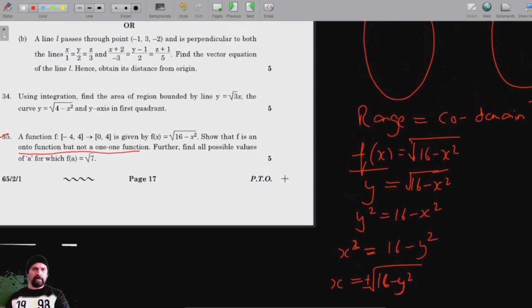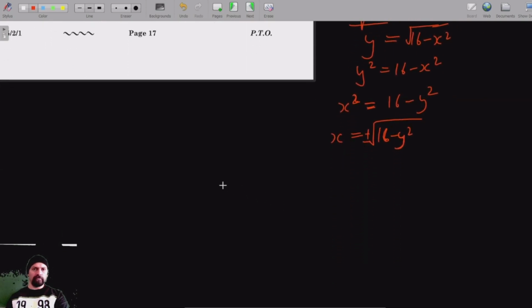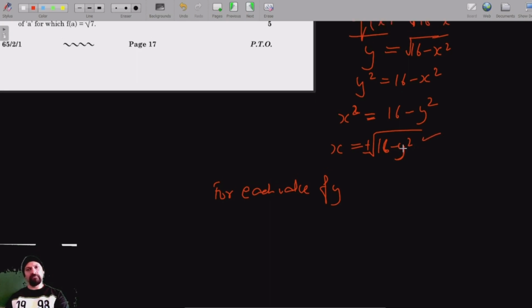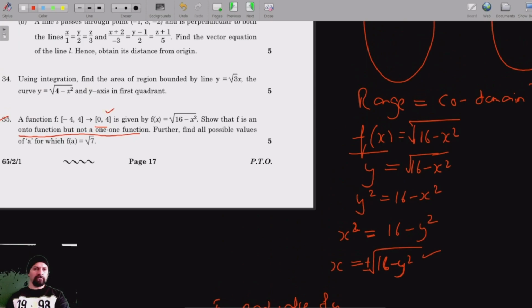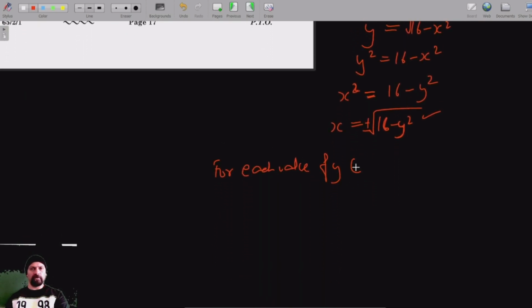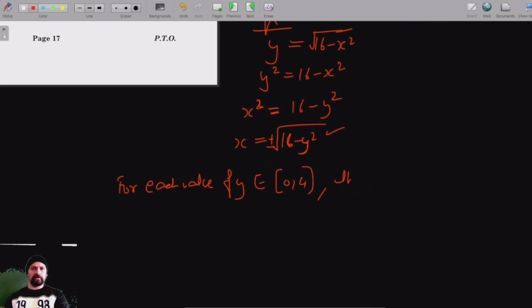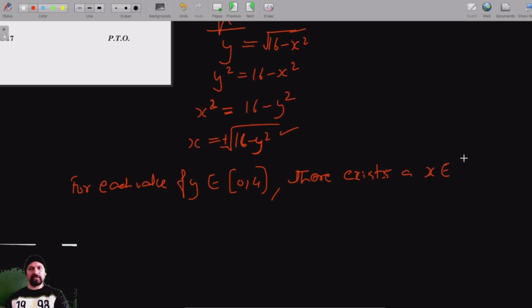Now for the y, it's given that it's 0 to 4. So this function is undefined when y is greater than 4. But it's given that y has the maximum value 4. So for each value of y that belongs to 0 to 4, there exists x that belongs to minus 4 to 4.